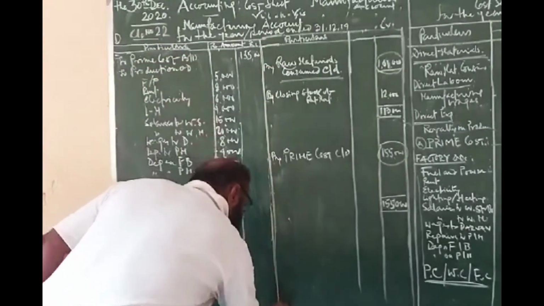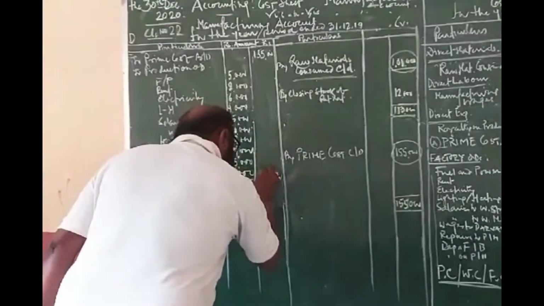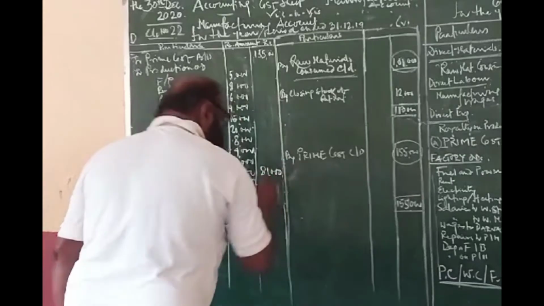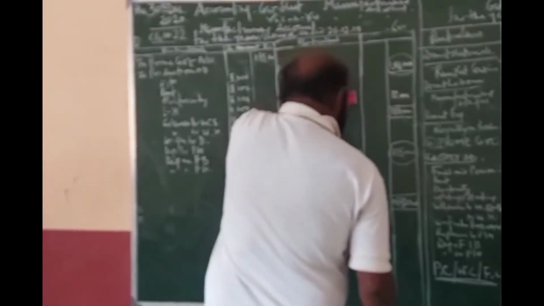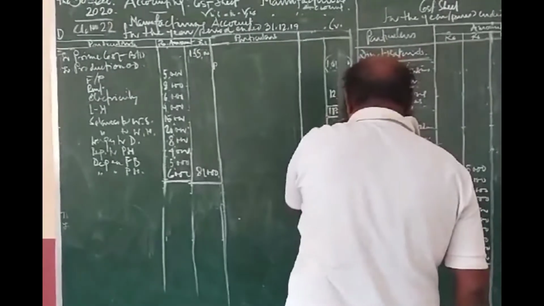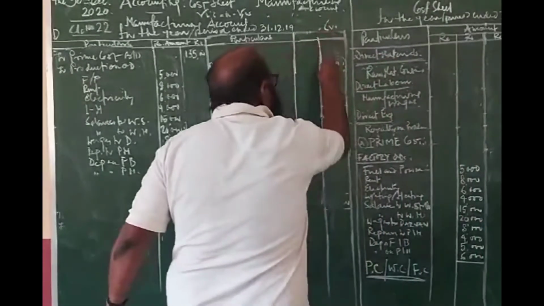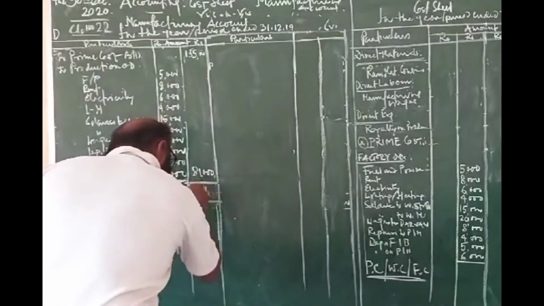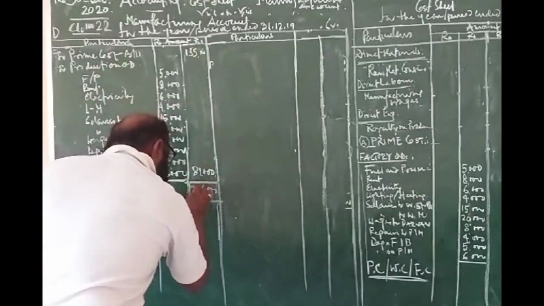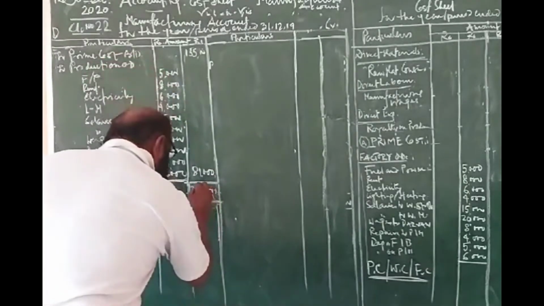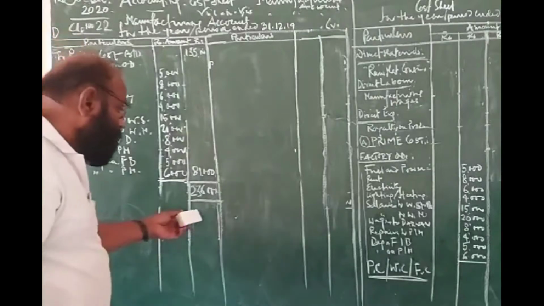How much is it? It is 81,000. Yes. Now you see, what is the total of this? Two lakh 36,000. Right?